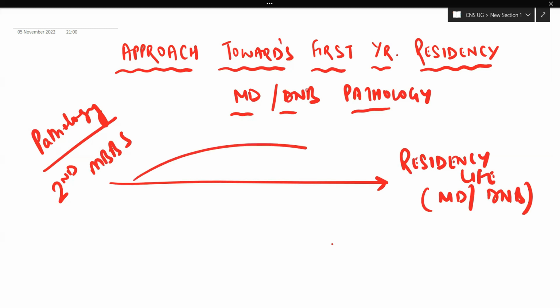There is a huge leap. Whatever idea you had about pathology in your second MBBS and what you see in residency life is quite different, and because of this there is actually a shock when you enter pathology.